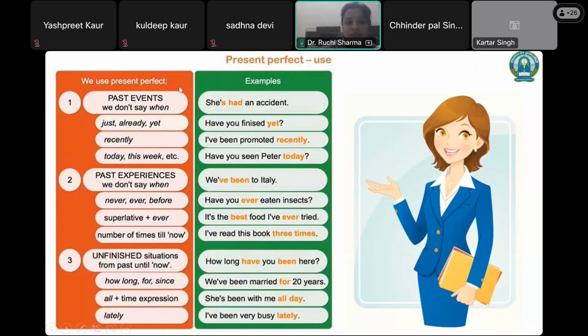Now look at present perfect tense, past experiences, unfinished situations from past. For that also you have some examples. We don't say when. She had an accident. Have you finished yet? I've been promoted recently. Have you seen Peter today? And sometimes we don't use perfect tense for these situations.